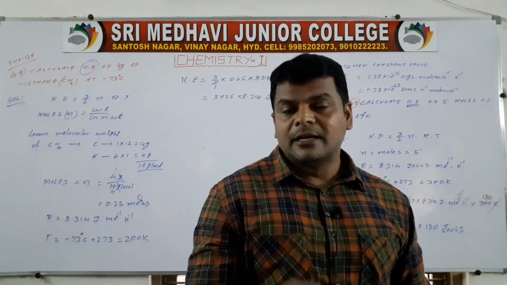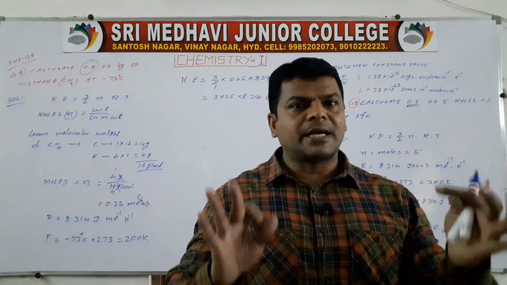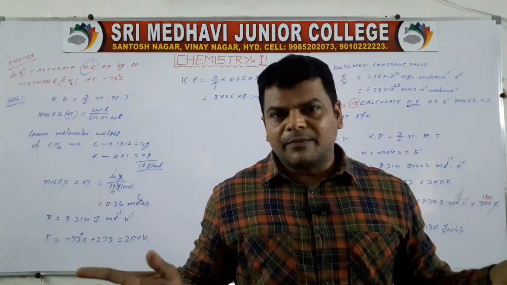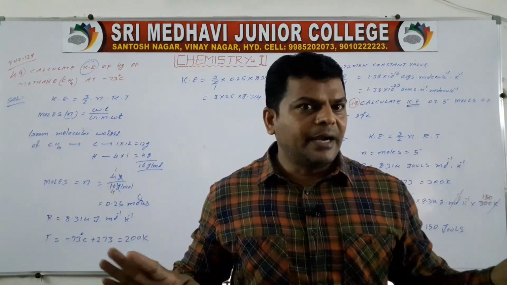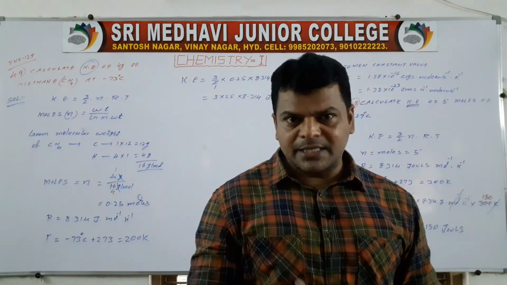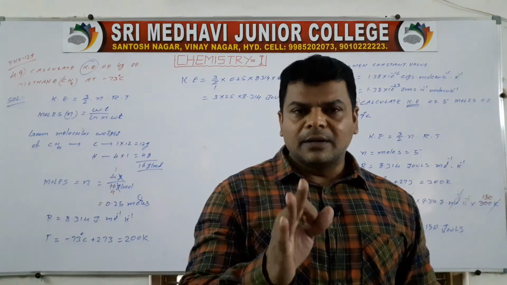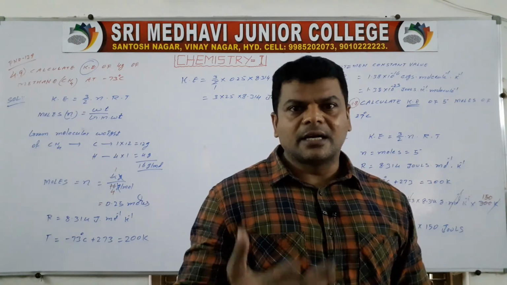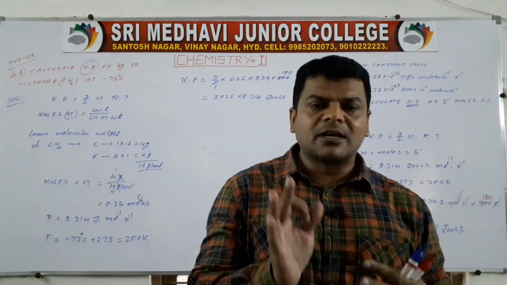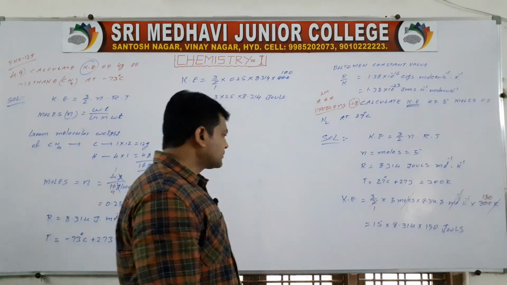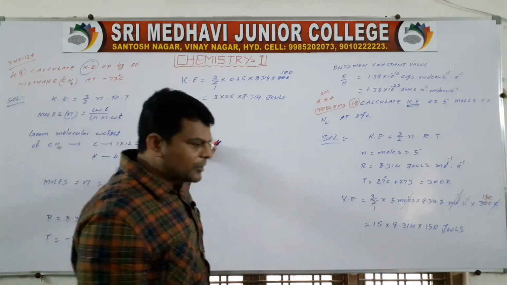Everyone should know the first 30 atomic numbers and atomic weights. Otherwise you can't calculate molecular weights. Everyone should know at least the first 20 or 30 atomic numbers and atomic weights, otherwise you can't get anything. Then one more problem we are going to solve.